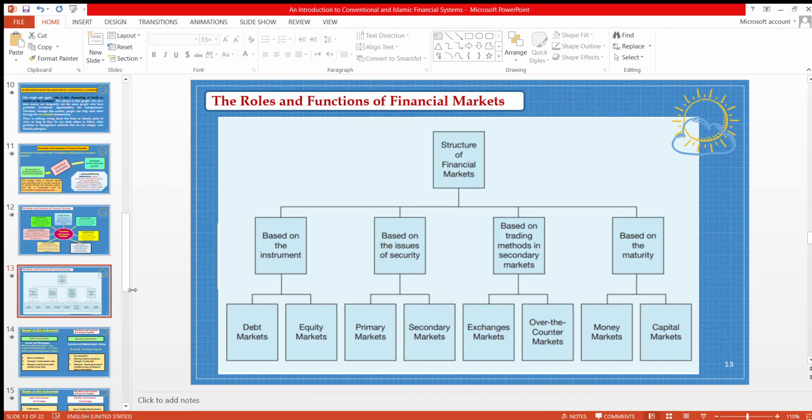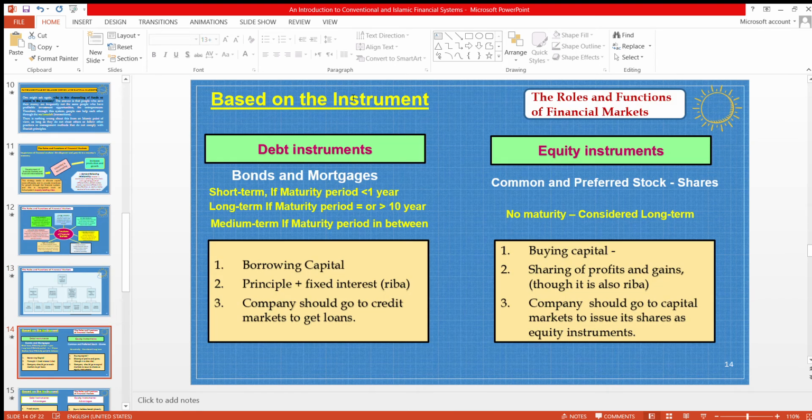As you know, based on the instrument, there are two markets: debt markets and equity markets. Now let us explain that. When we say debt markets, the first thing that comes to mind is bonds and mortgages. There are three terms of bonds and mortgages in this market.